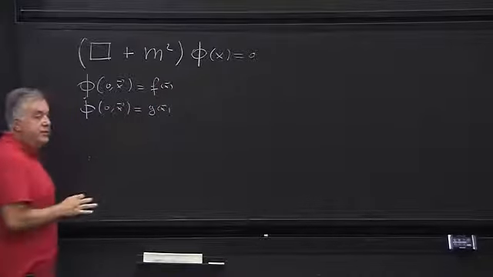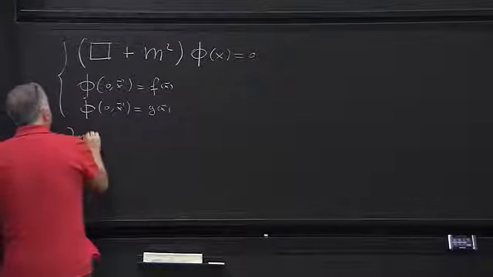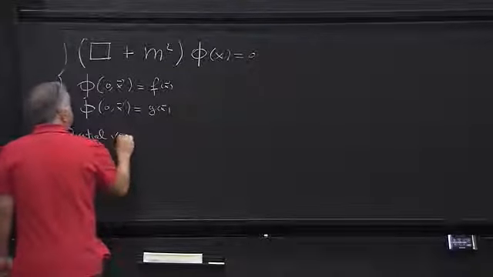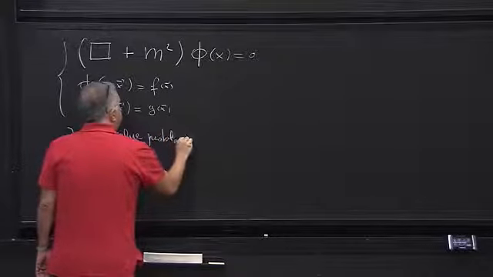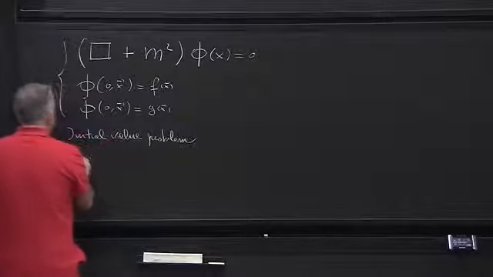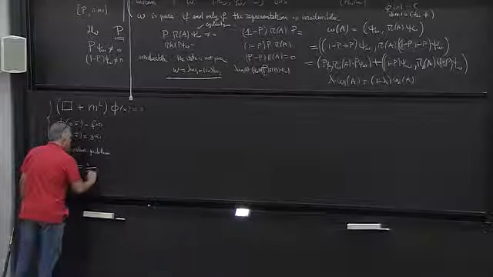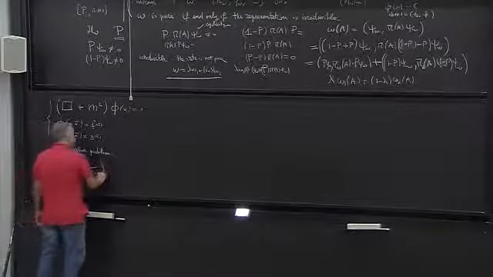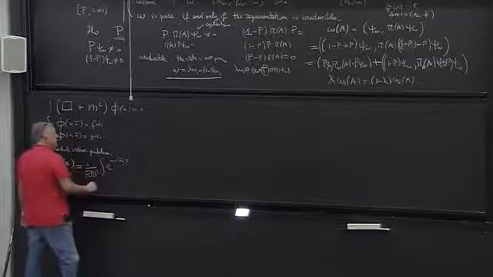By Fourier analysis, we saw that this problem, which is the initial value problem, can be solved by using the so-called Pauli-Jordan function, whose integral representation is most easily written in Fourier space.